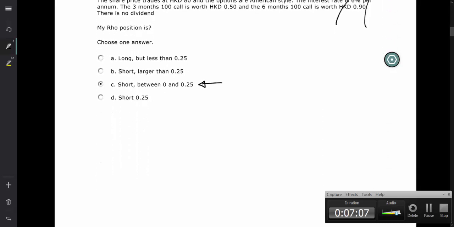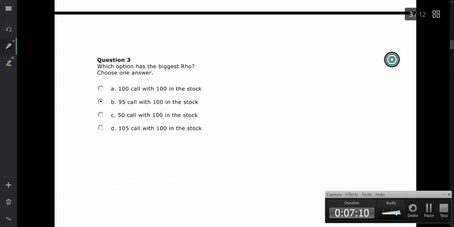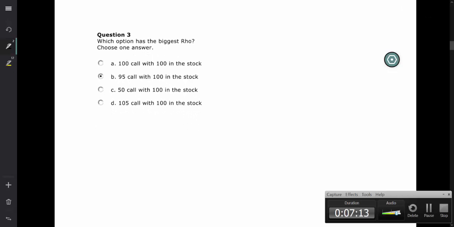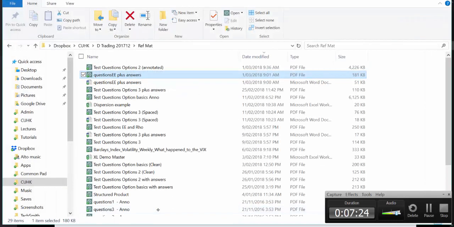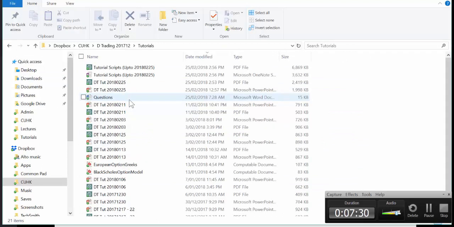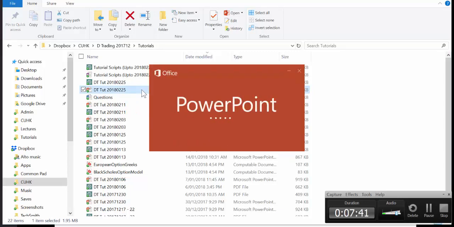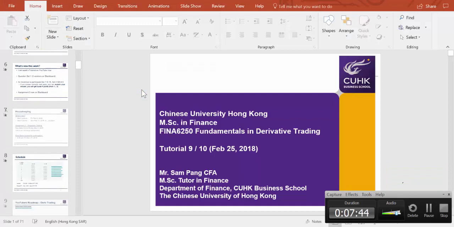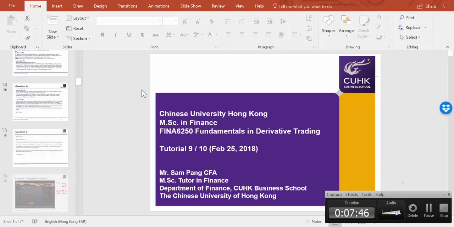Now for question 3, which option has the biggest rho? I guess for a clue on that, you can refer either to the lecture, or to my last tutorial file, where I also provided the rho diagram for a call option and how it evolves as a function of the strike price.